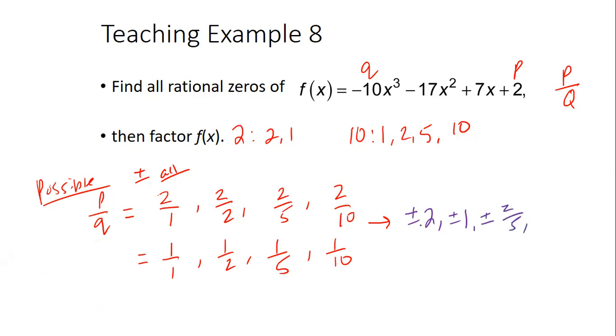Nope. 2/10 is 1/5. 1 over 1 is 1, already done. 1/2. 1/5 we already have. And 1/10. So these right here represent my possible 12 zeros to test out. And that would be your answer.